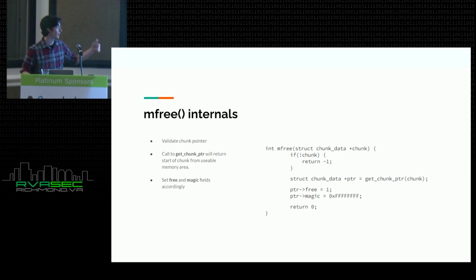That makes our chunk usable now, so when we iterate back through the list, we can look at that field and say, okay, it's usable, maybe if the size fits, we could return this, otherwise not. And we set our magic field again to hex FFF, arbitrary value, and just return 0. So return 0 will be success, return -1 will be a failure.